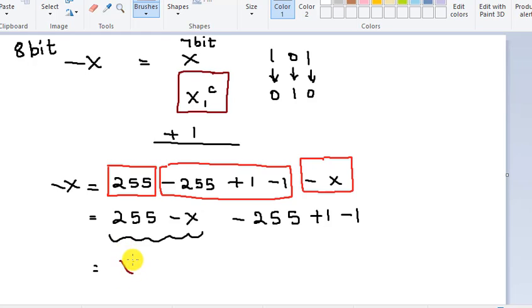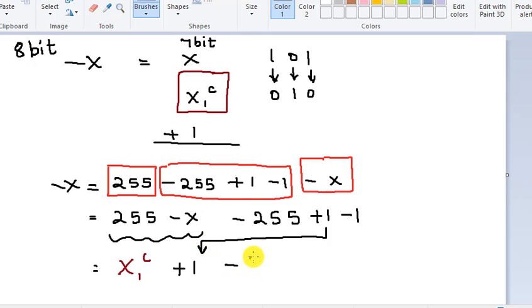That is ones complement for that x number, right? Then I'm going to take plus 1, this particular one, I'm going to take it here.